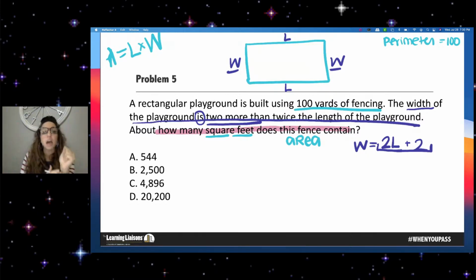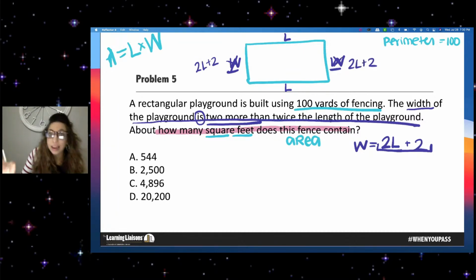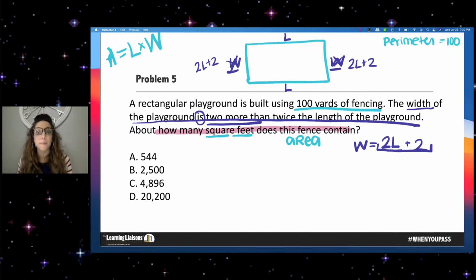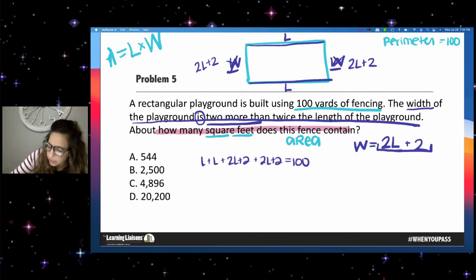So if W is the same as 2L plus 2, then I can replace the W with 2L plus 2 and 2L plus 2. Now I can add all of those up to equal 100. So L plus 2L plus 2 plus L plus 2L plus 2 equals 100. I did this side plus this side plus this side plus this side equals 100.